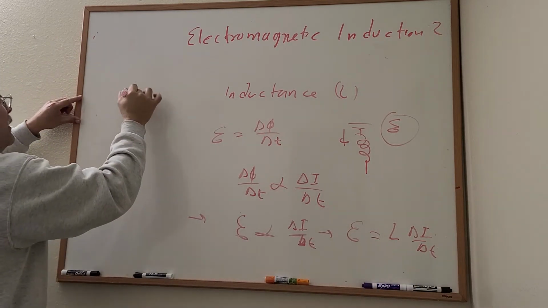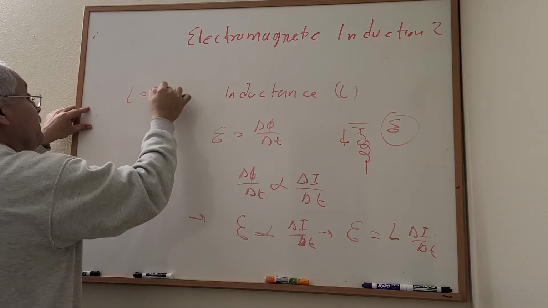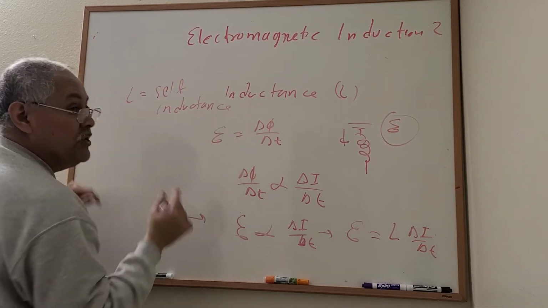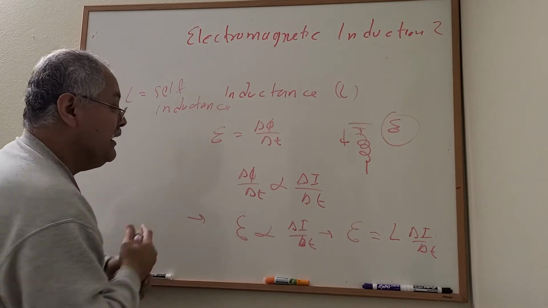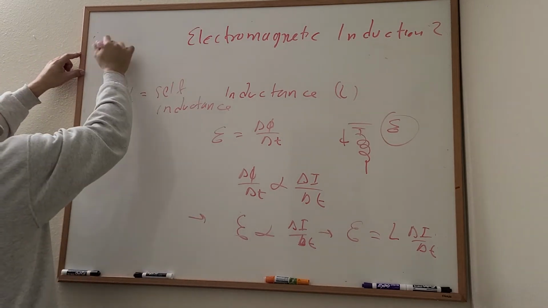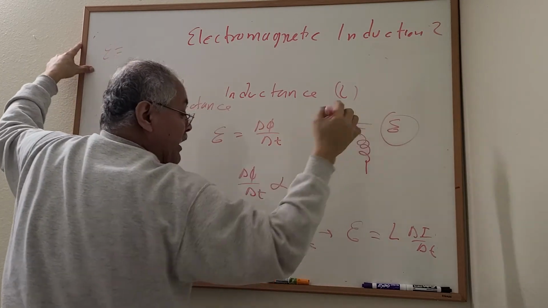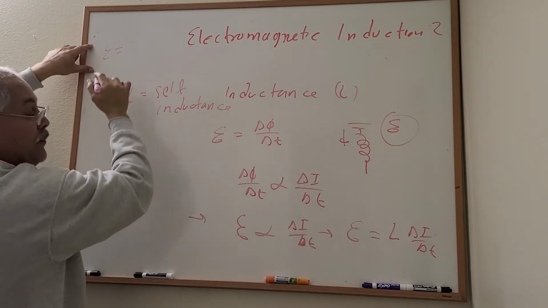L is called the self-inductance, or just inductance. So again, we create this formula that gives us the back electromotive force.